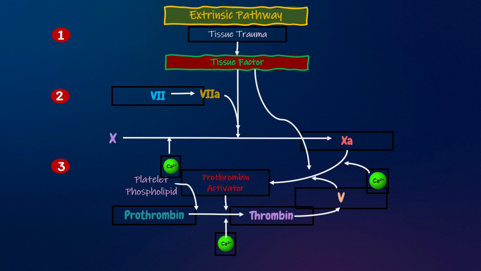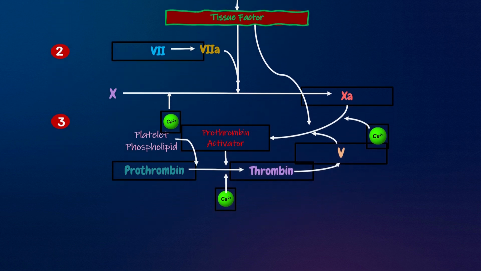Activated factor 5 greatly accelerates this protease activity, and platelet phospholipids act as a vehicle that further accelerates the process. Note especially the positive feedback effect of thrombin acting through factor 5 to accelerate the entire process once it begins.